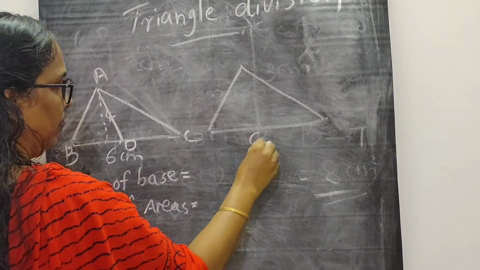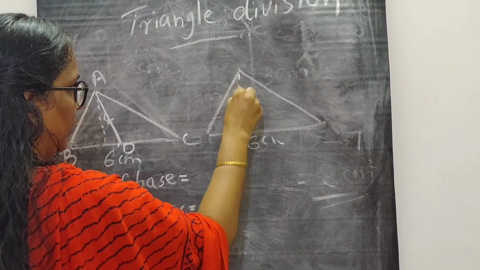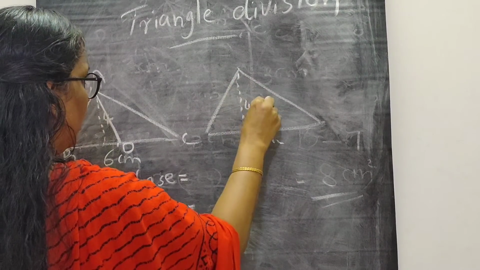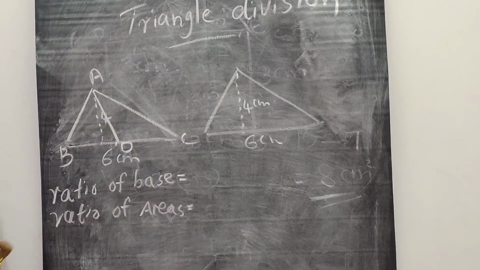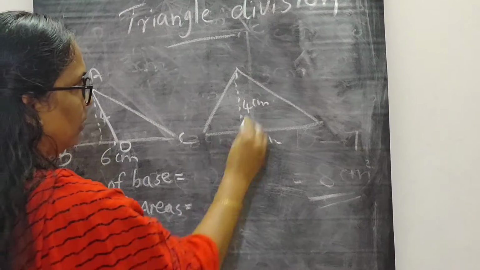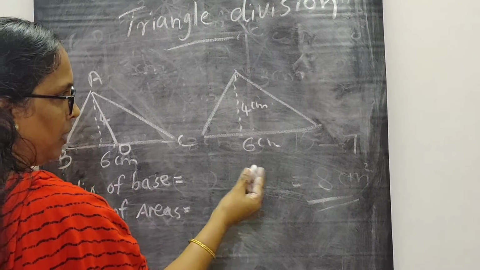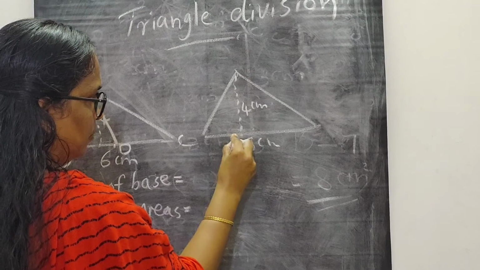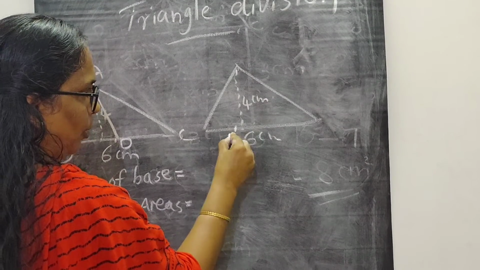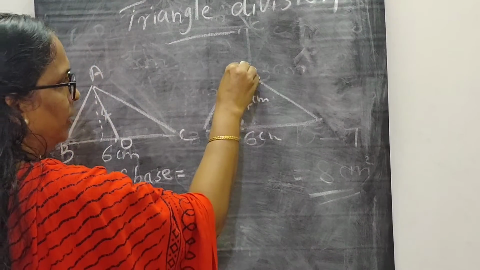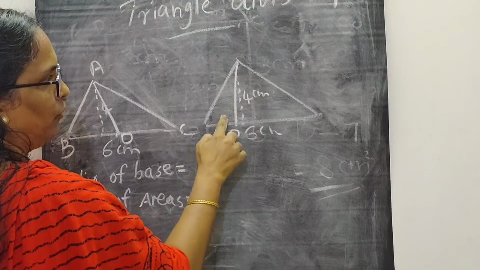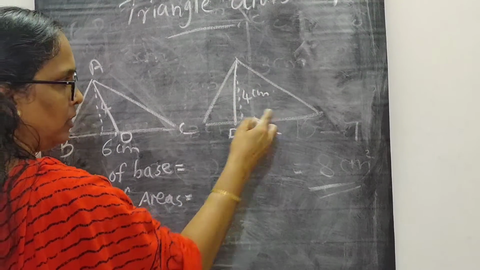Then, second one: take the same triangle, with base 6 cm and height 4 cm. Now I am dividing this triangle into two triangles like this. Suppose here is the point D and join like this. Now here also we get two triangles.